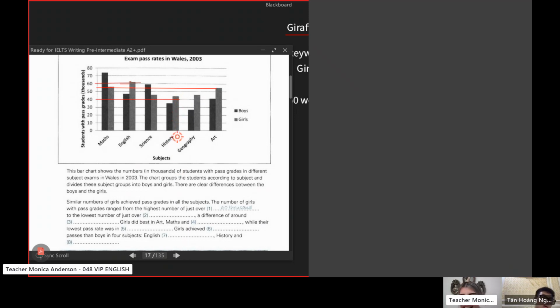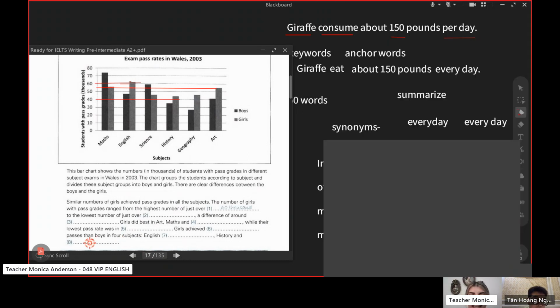Of course, history. As you can see, with a small difference, this is the lowest one. Girls achieved more passes than boys. Okay, what should I write here?